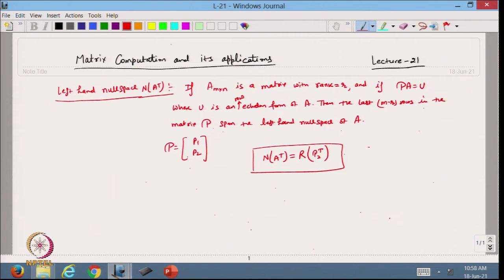So, this is my matrix P that is defined here, and the last m minus r rows. If the rank is r, then P1 has dimension m cross r, and P2 has dimension m minus r cross r.